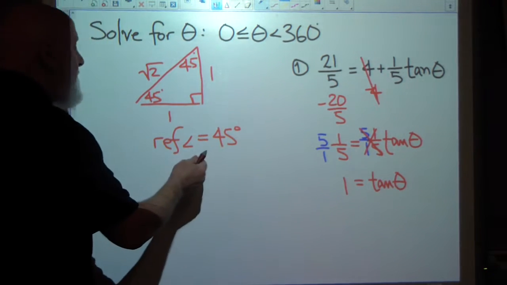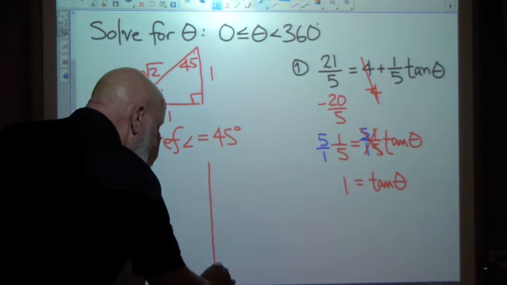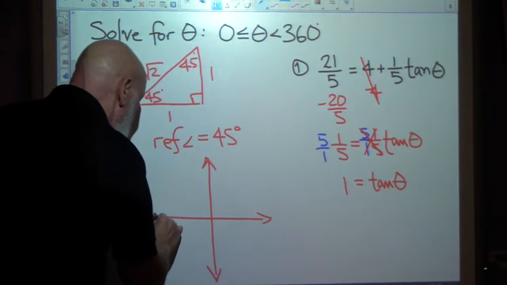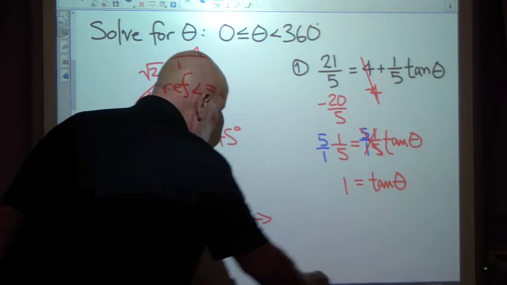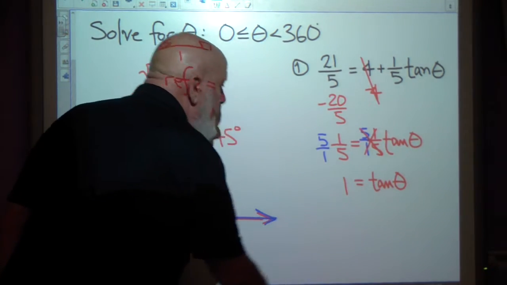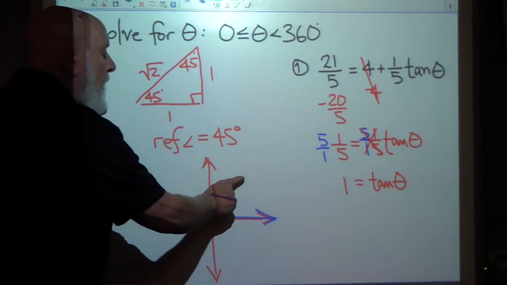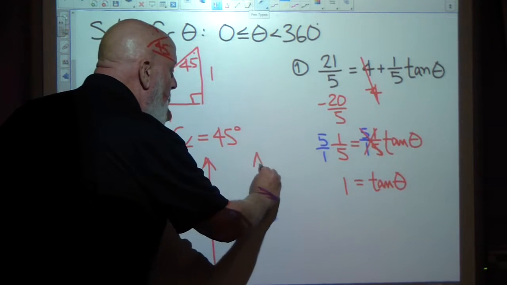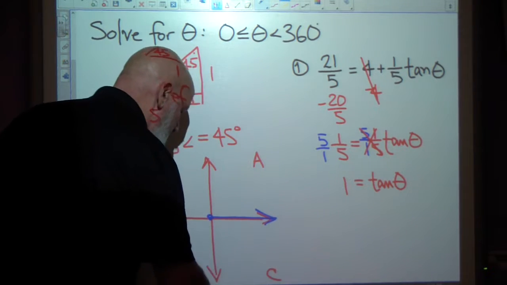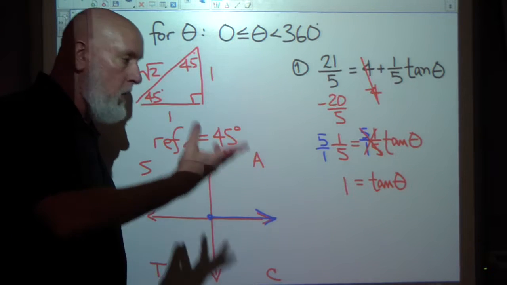Now we're going to find a reference angle of 45 degrees between 0 and 360 degrees, where the initial side of our angle of rotation is the positive x-axis. And we're going to stop in the quadrants in which tangent is positive. We use All Students Take Calculus to determine which trigonometric functions are positive and where.